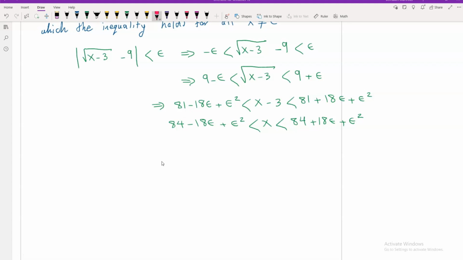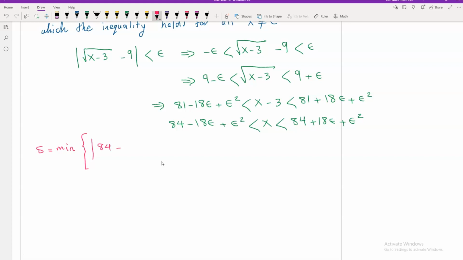So take delta to be the distance from C, which is 84, to the near endpoint of our interval. So delta is the smallest number that we can have, minimum of. Finding distance. So C is 84 minus what we have here.